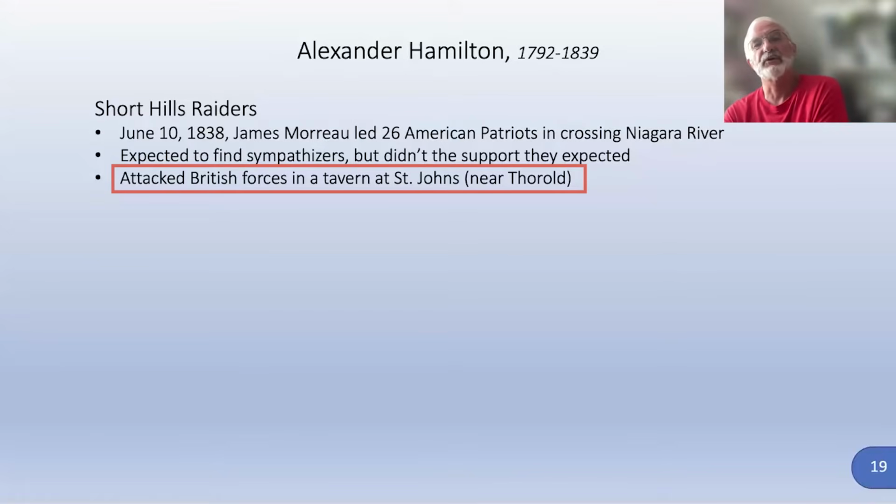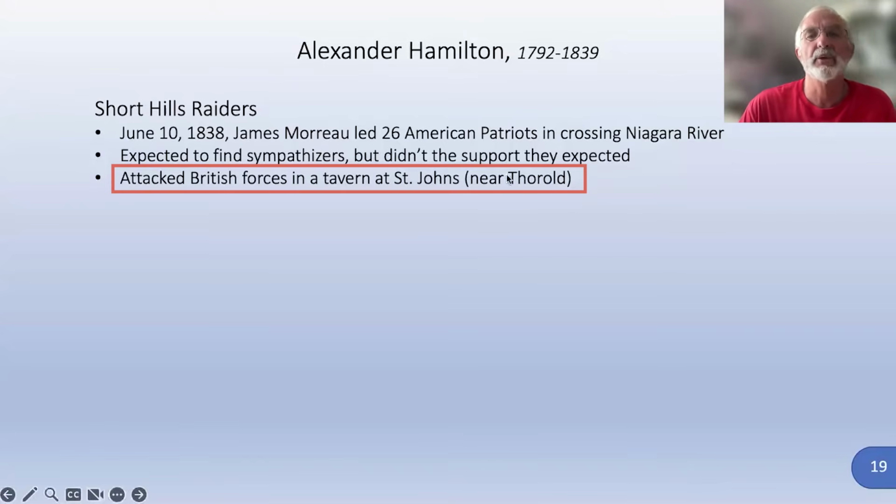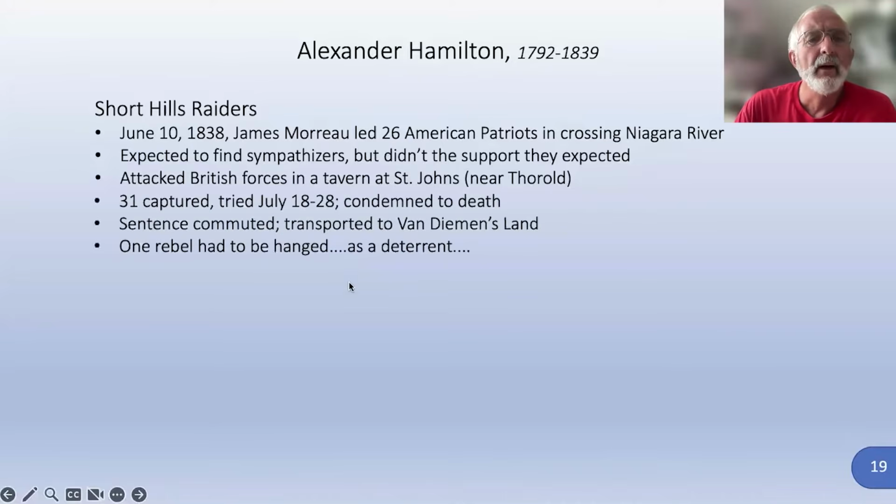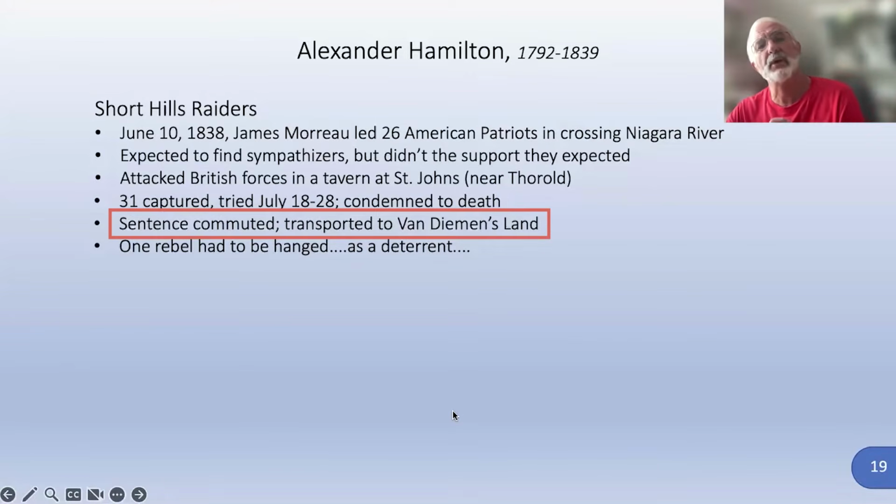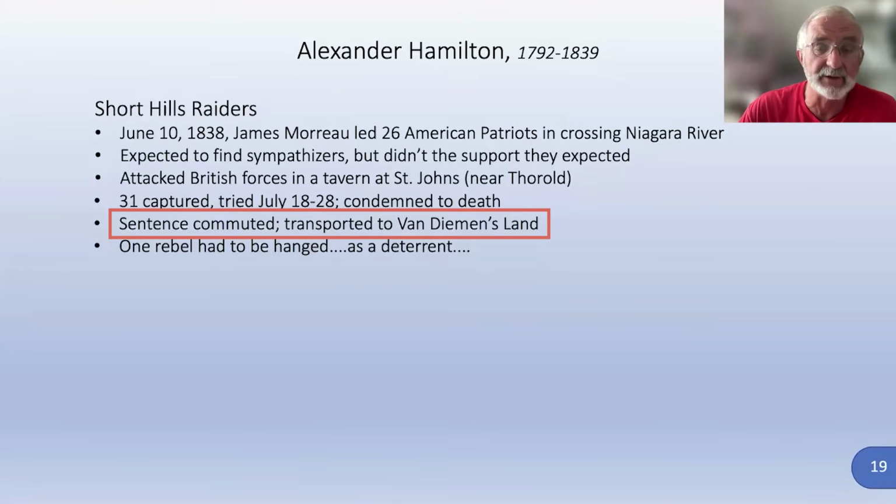So they attacked some British forces and set a tavern on fire near Thorold, which is near St. Catharines, just across the Niagara River. They were captured and condemned to death, but the sentences were commuted, and instead they were transported to Van Diemen's Land, which was the practice for criminals.